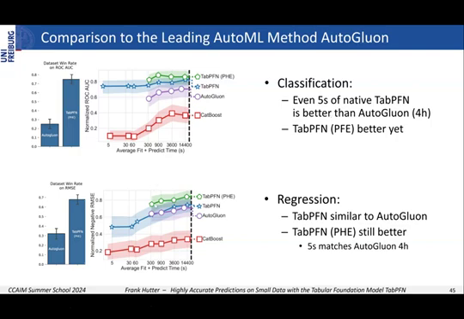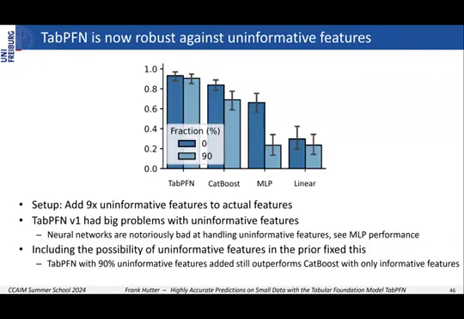And for regression, the standard version of TAPIFN is not better than AutoGluon, but when you tune it, it's a bit better. And together with this PHE, it's again clearly better, with a win ratio of sort of 66 to 33%. All right, so that's a comparison to AutoGluon.